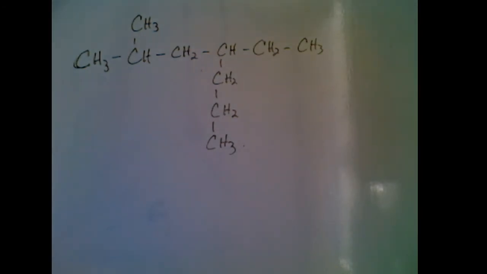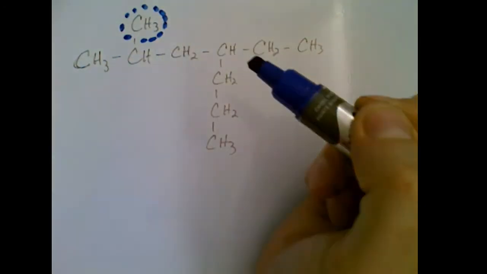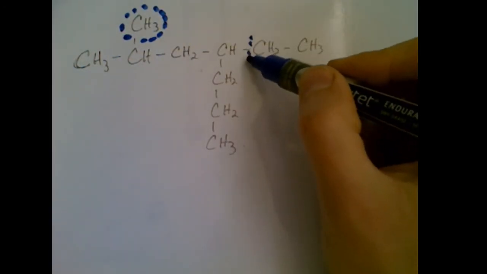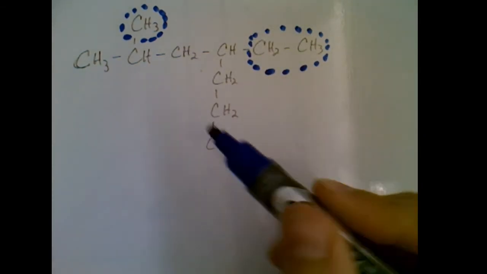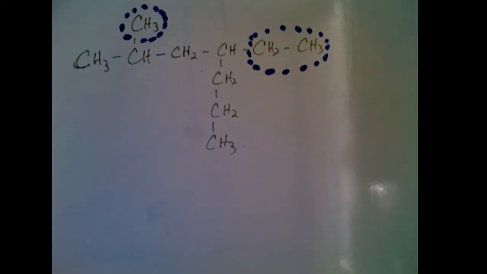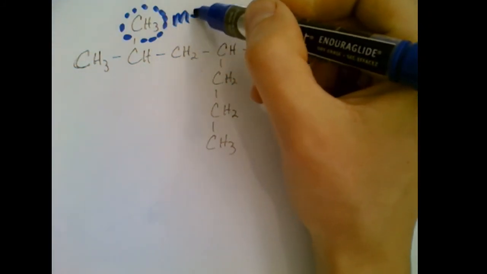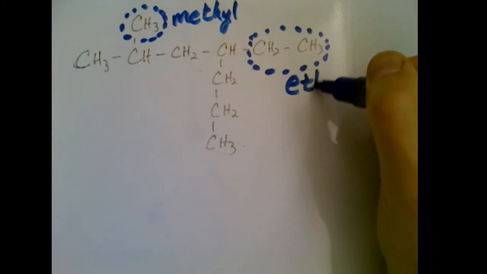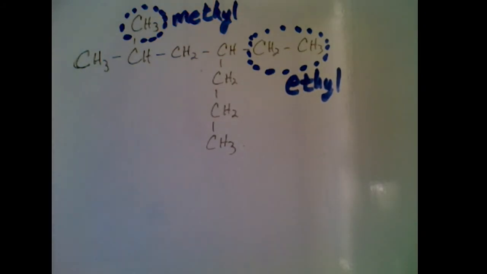And so what that means is this is a branch, and this is a branch. These two branches are actually different lengths. So we have methyl and we have ethyl. A 2-carbon chain is called an ethyl.